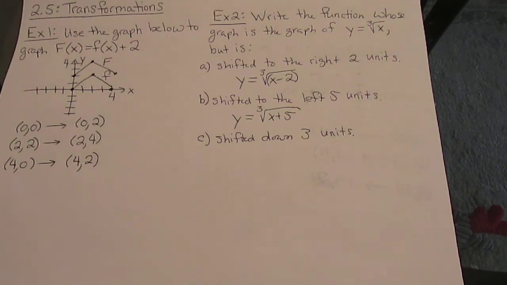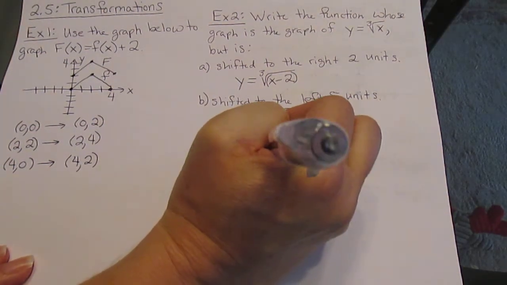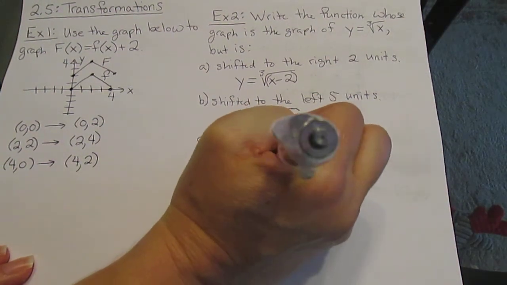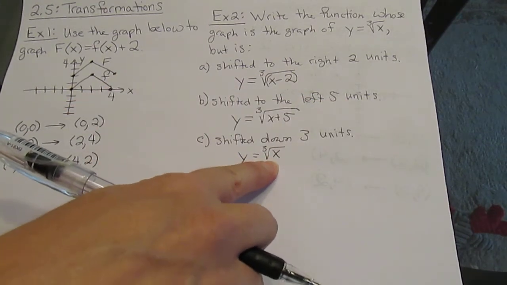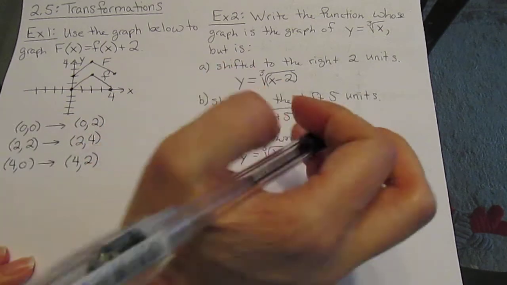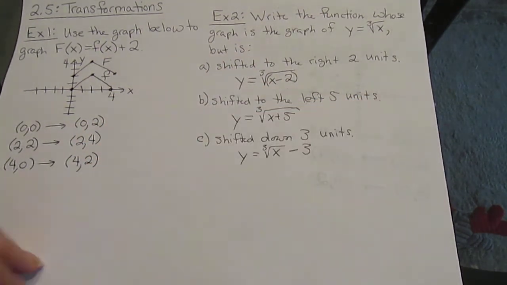And we're going down, so that means we're going to subtract the 3. So I'm going to write y equals the cube root of x. Be careful, make sure that that cube root is only over the x now, because we want the minus 3 to be done to the complete left side.